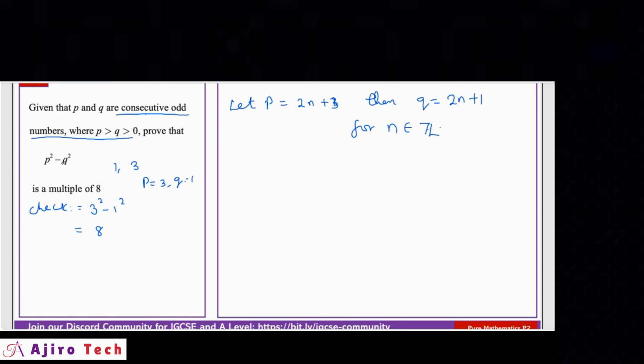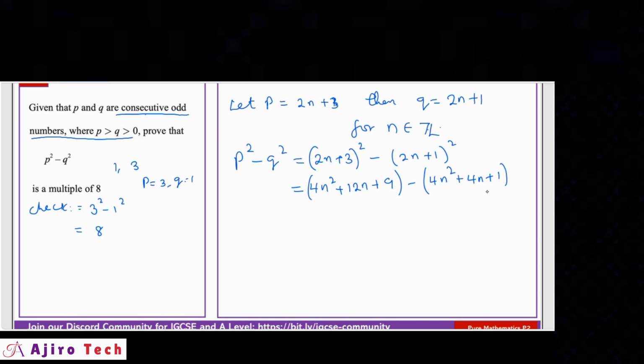So let's try and plug that in here. P squared minus Q squared. So we have 2n plus 3 all squared minus 2n plus 1 all squared. This should give us 4n squared plus 12n plus 9 minus 4n squared plus 4n plus 1.